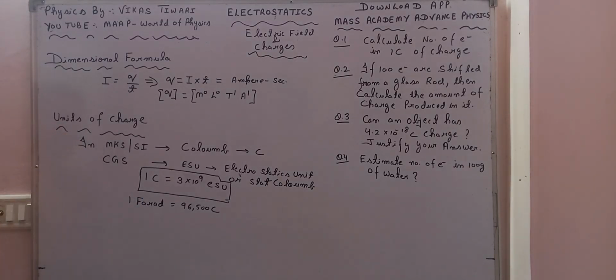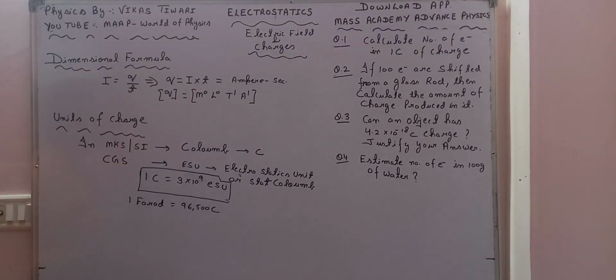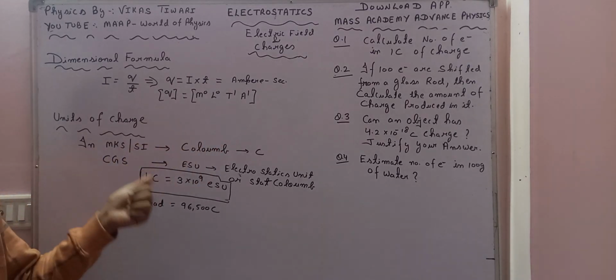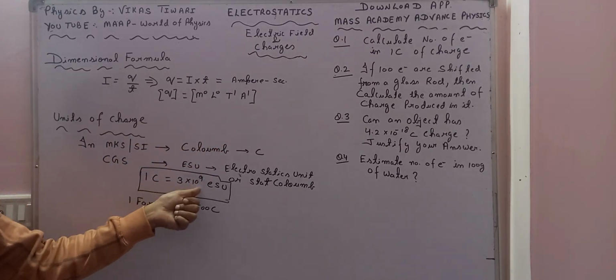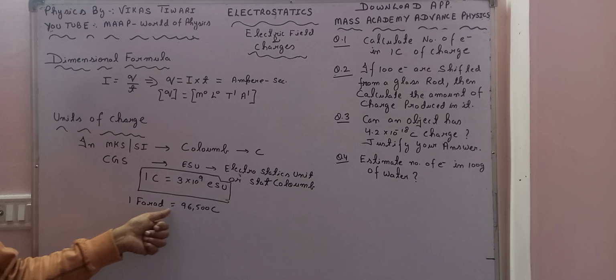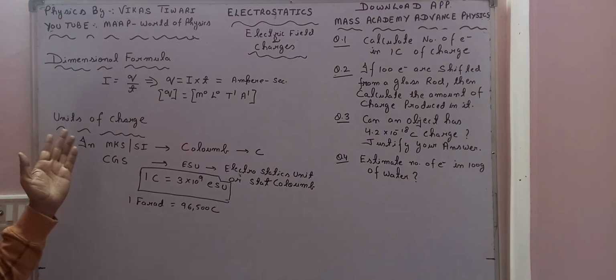These are the basic 3 units generally used for charges: the MKS unit coulomb, the CGS unit ESU, and the biggest unit faraday, where 1 faraday is equal to 96,500 coulomb. So this is about the dimensional formula and units of charge.